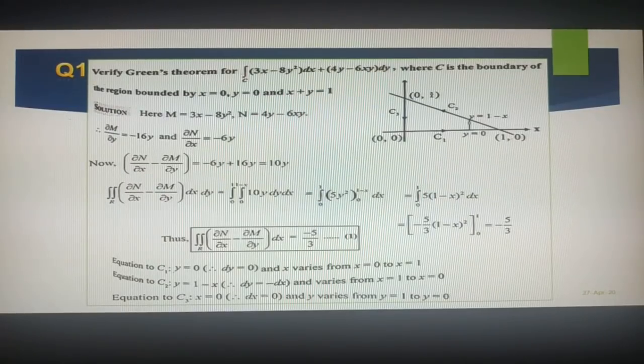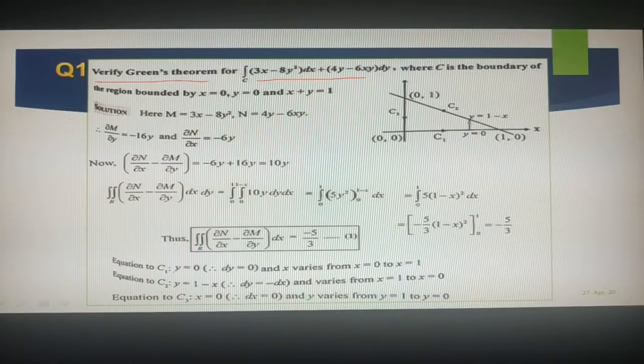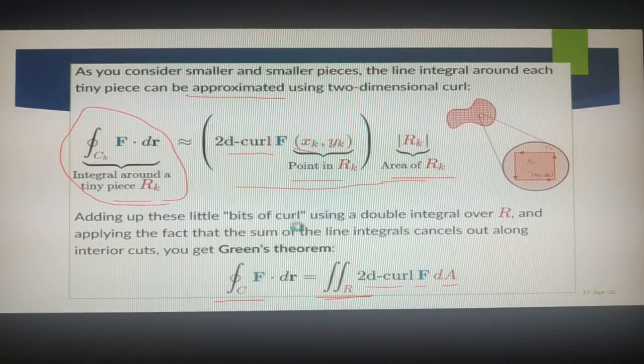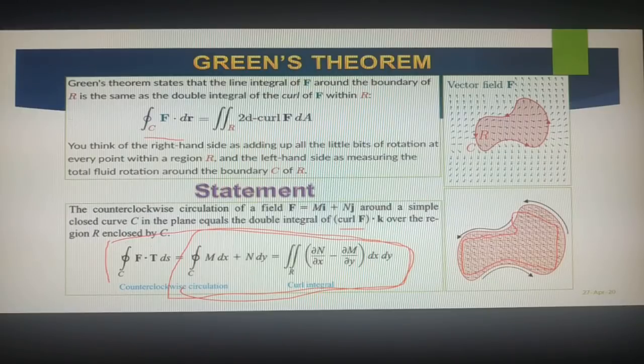Usually in our exam they may ask you to verify Green's theorem by providing your vector field, directly or indirectly. Here, directly: integral over C of M dx plus N dy, so this is your M dx and this is your N dy. This is our formula.